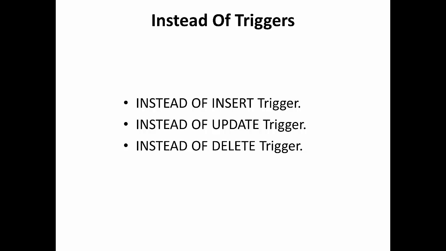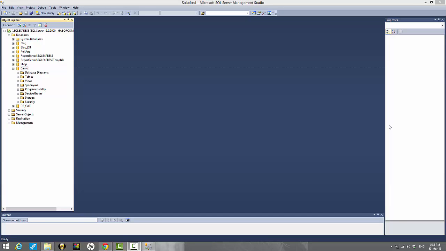Instead of triggers can be classified further into three types: instead of insert trigger, instead of update trigger and instead of delete trigger. So now I'm going to show how it works in SQL Server Management Studio.